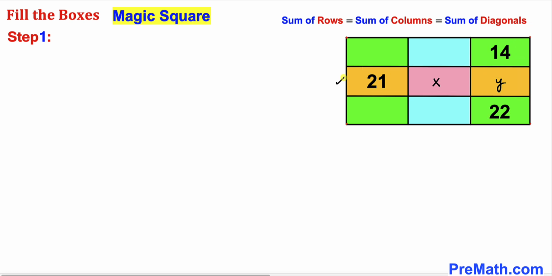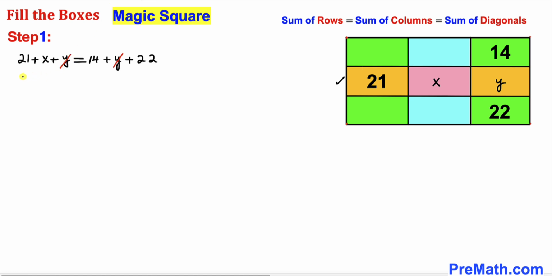Let me write down these numbers and add them up. 21 plus X plus Y must be equal to this column, which is 14 plus Y plus 22. Now we can see Y cancels out from both sides.